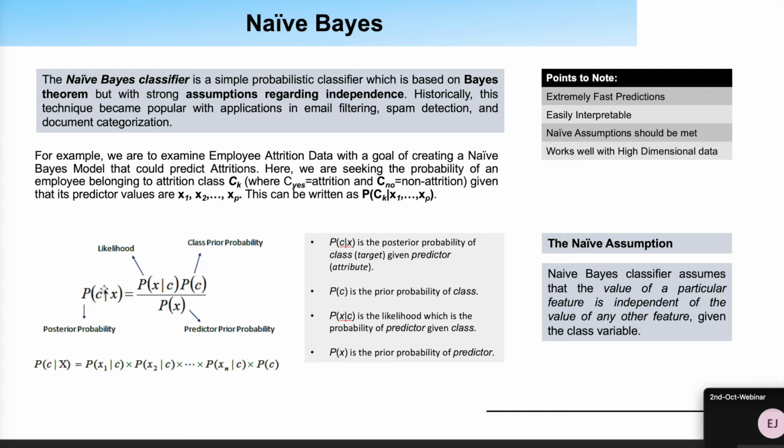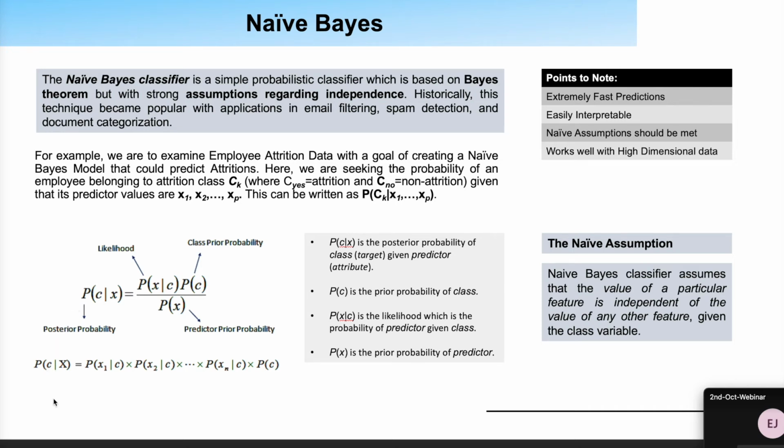The possible classes are 0 or 1. So we are trying to derive the probability of a class being, say, 1 given a particular set of values against your predictor features, which is denoted by x. This expression is called the posterior probability, and the posterior probability is something that we are trying to find out.